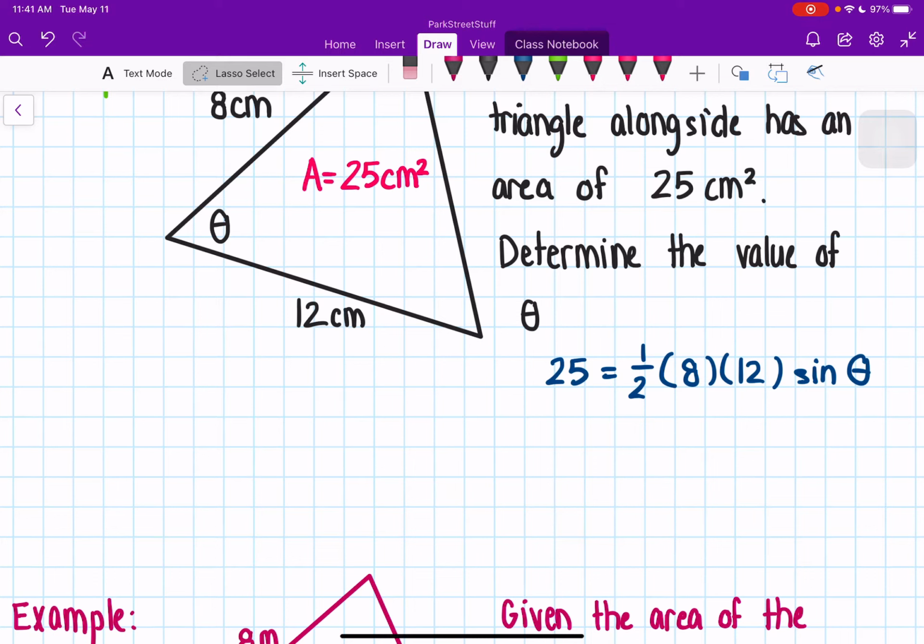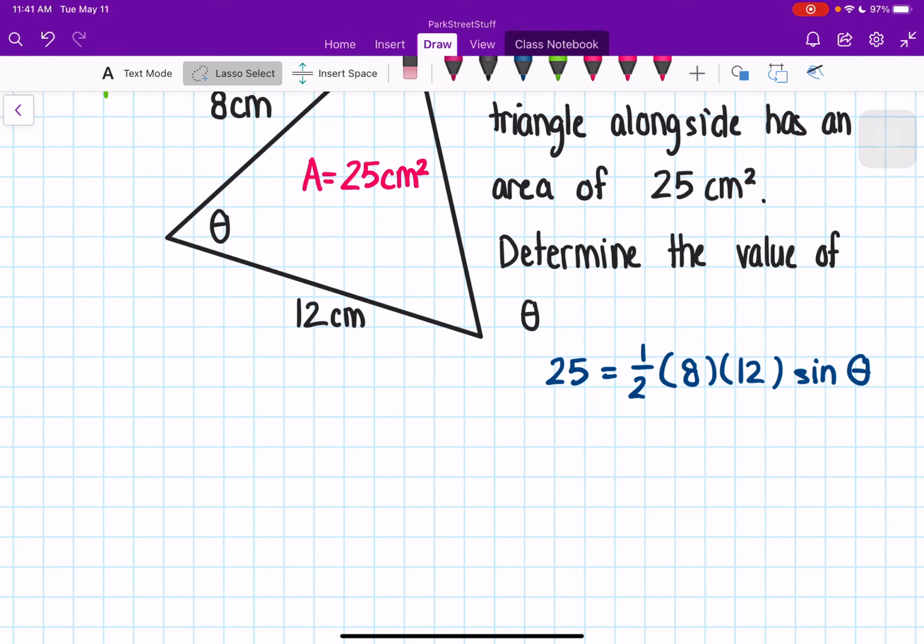First we're just going to multiply by 2. So because we have times a half means dividing by 2. So we'll multiply by 2, and that's going to give us 50.